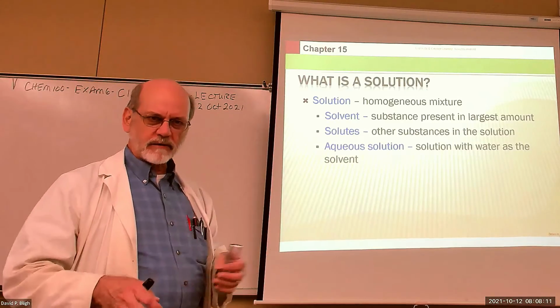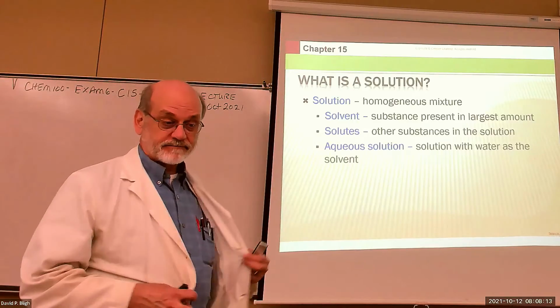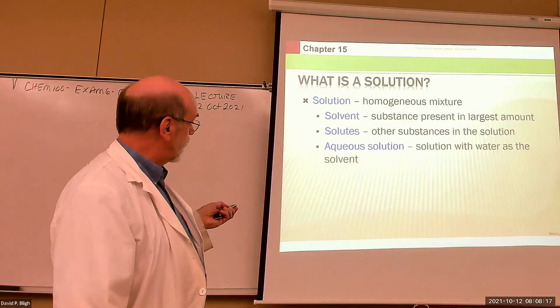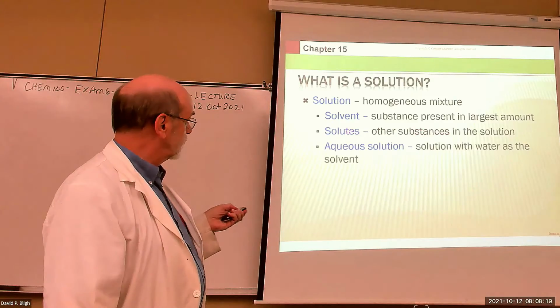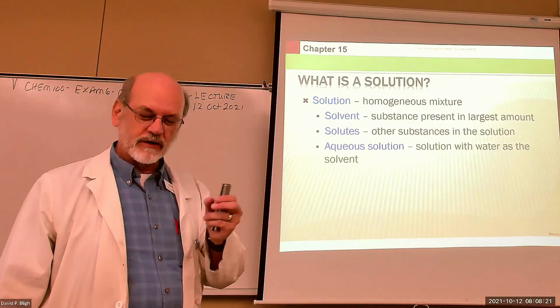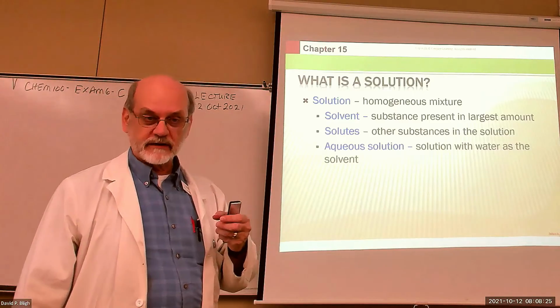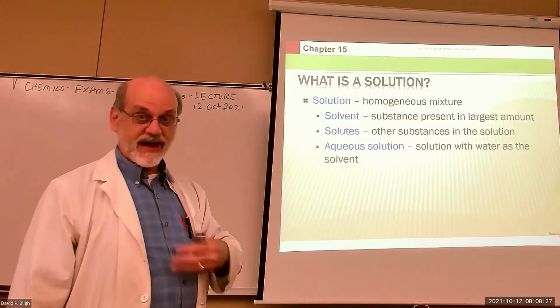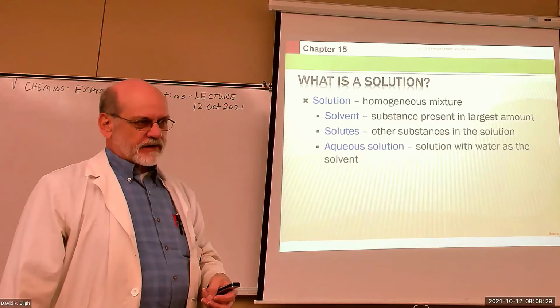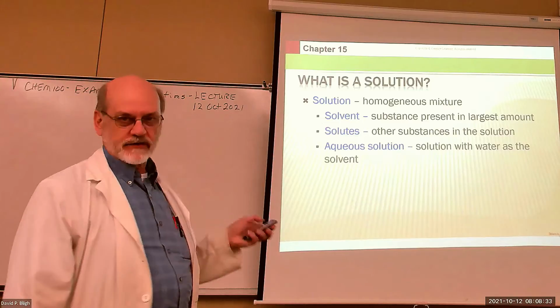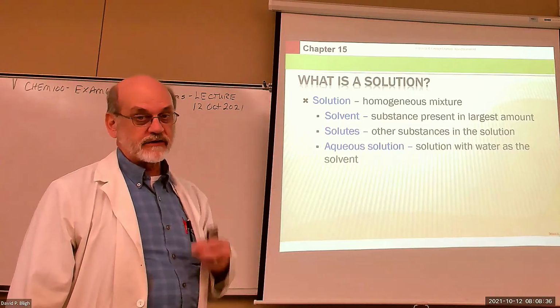Then you can add more and add more. In fact, you can start off with a smaller amount of solute, that is the sugar, and eventually you can end up with more solute than you do solvent. It's just that soluble. So by convention, the one we start with as a solute stays a solute no matter what the concentration is.